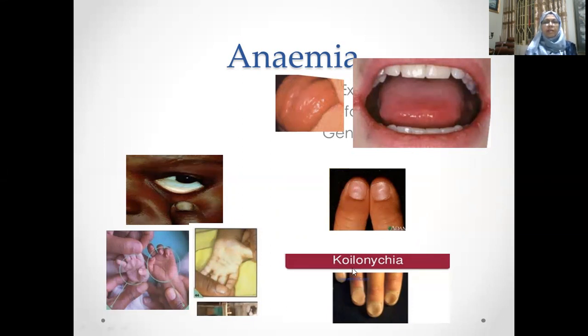And you have to see the condition of the nails, that is koilonychia. It means the nails become smooth and spoon shaped, and you have to look from the side, not this way. You have to see from the side, and there is loss of normal convexity, and it becomes spoon shaped.